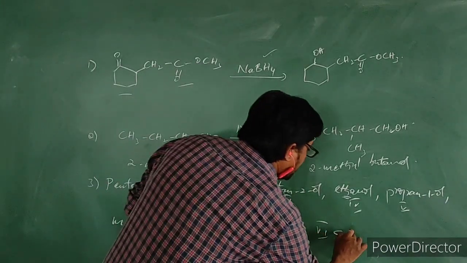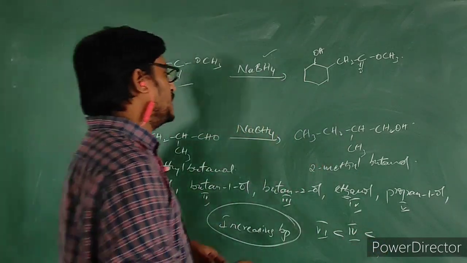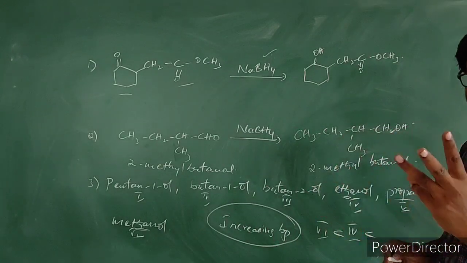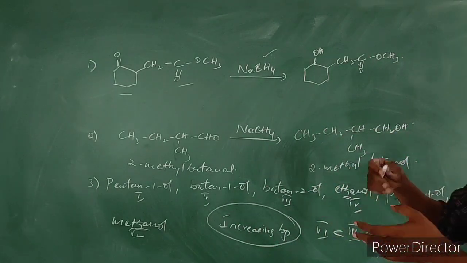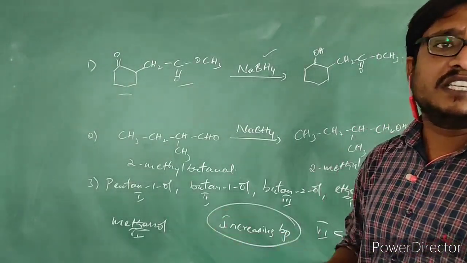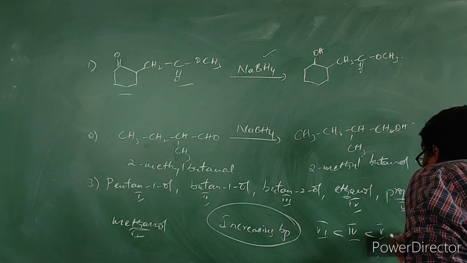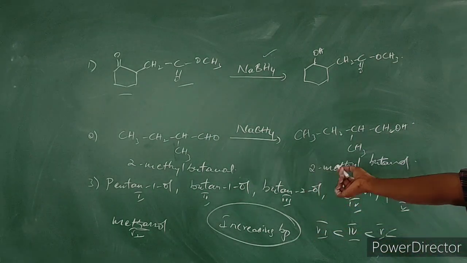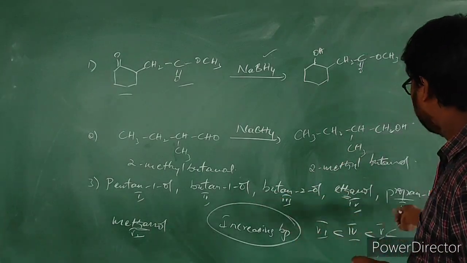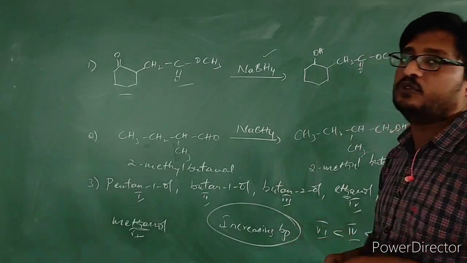So next will be ethanol, less than propanol, which contains 3 carbons. The remaining compounds contain more than 3 carbons. As the number of carbons increases, surface area will also increase. Obviously, if surface area increases, force of attraction increases. So it will be less than 5. After propanol, there are 2 compounds: butan-1-ol and butan-2-ol.